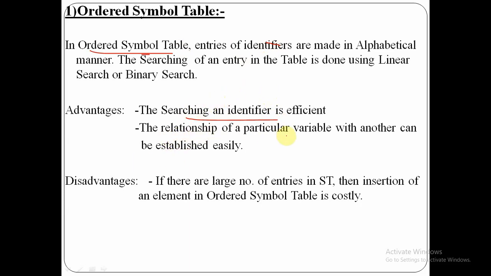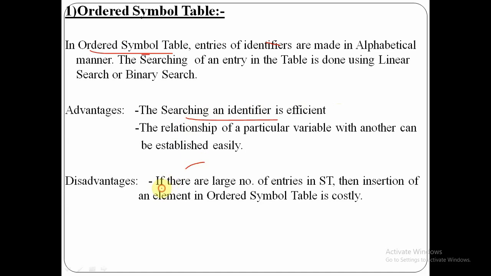The relationship of a particular variable with another can be easily established. We can find out easily what are the variables whose name starts with A, suppose. Like that we can do some sort of searching easily.